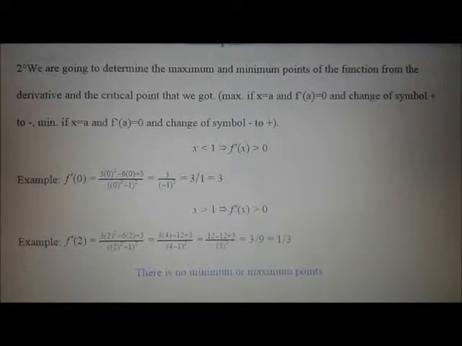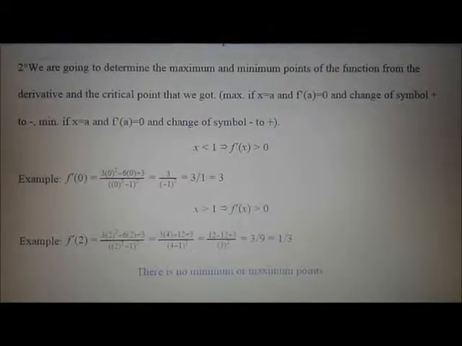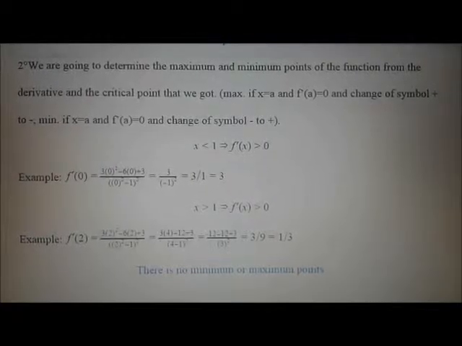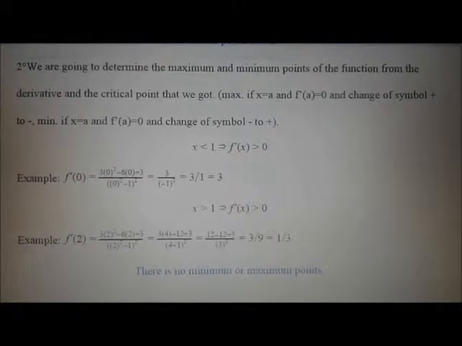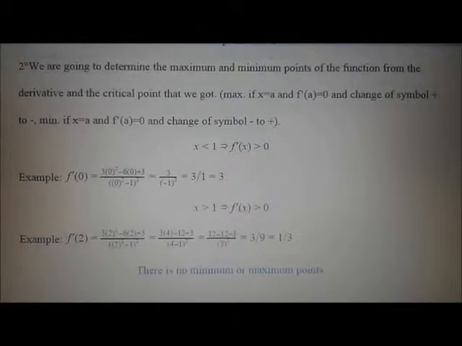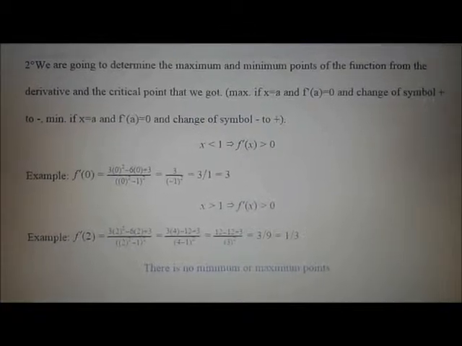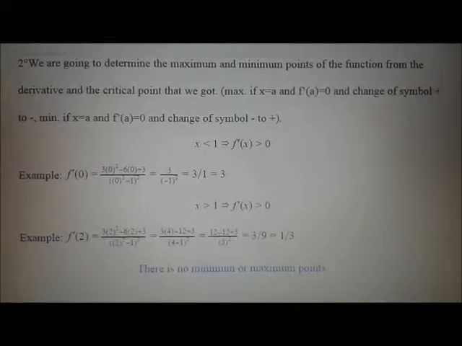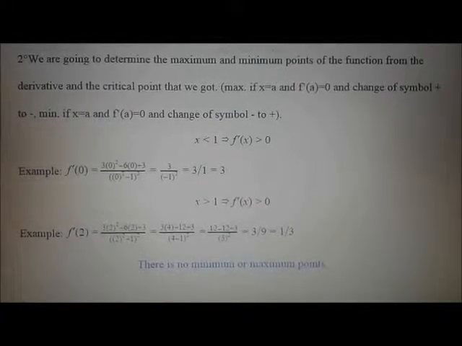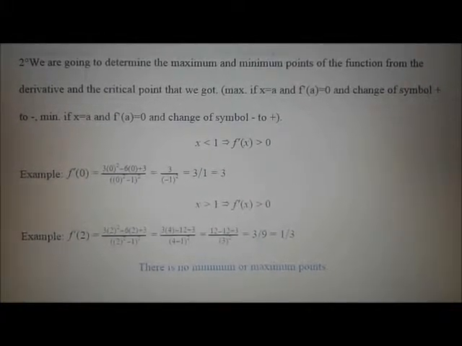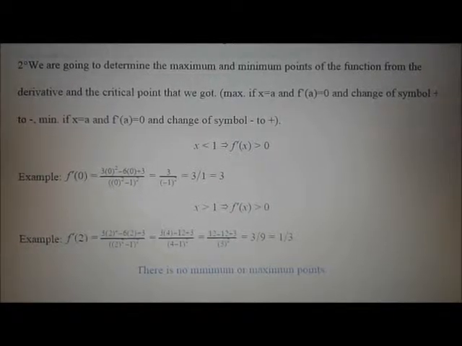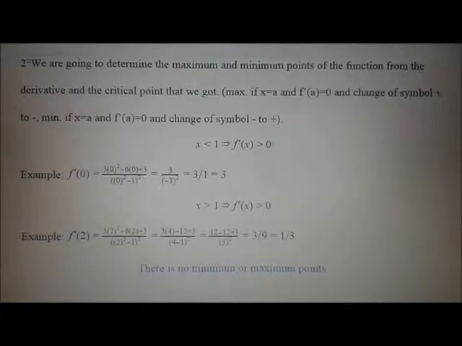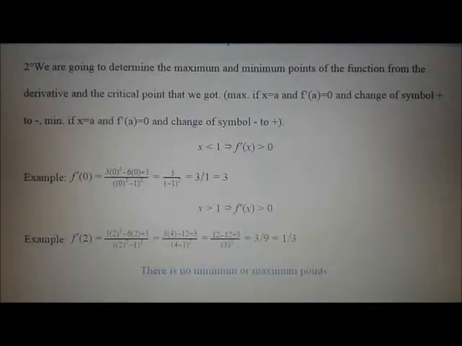The minimum is if x is equal to a and the first derivative at a is equal to 0, and the sign changes from minus to plus. The critical point is 1, so we need to check when x is minor than 1.